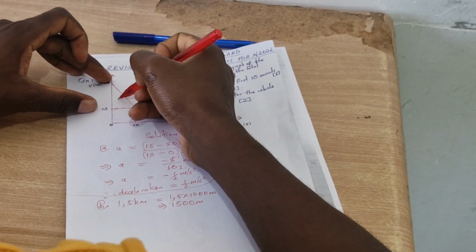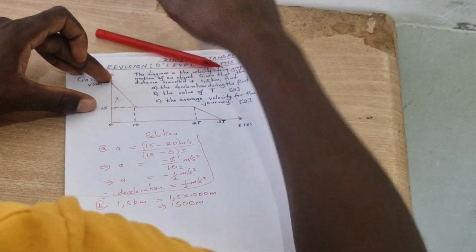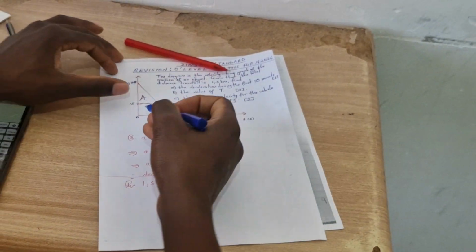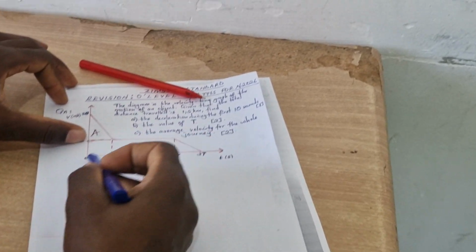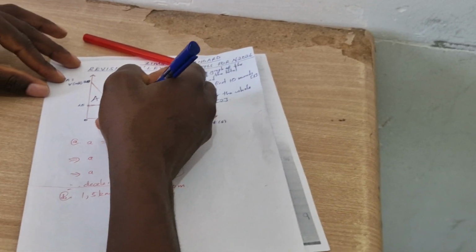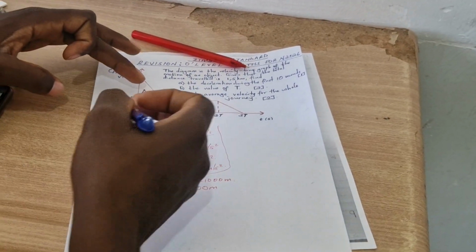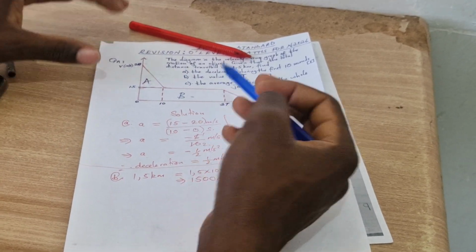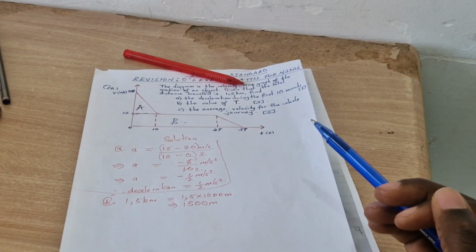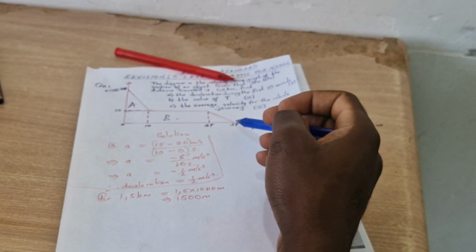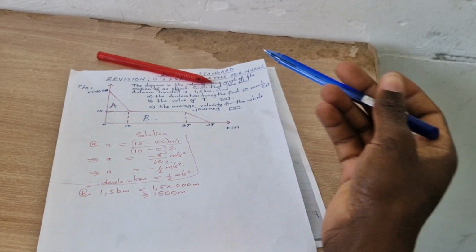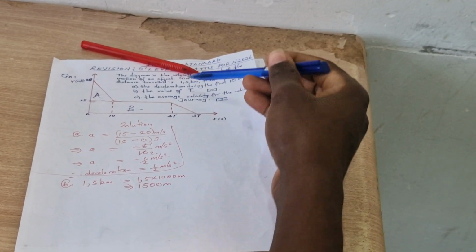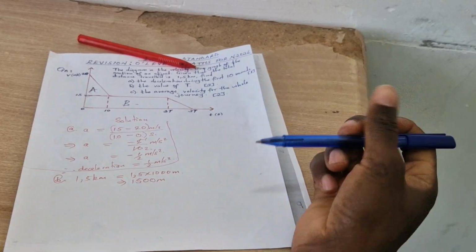Let me label this one A. We also have this trapezium. Let me name it B. So if we combine the areas of part A and B, we get the total distance, but we will get it in terms of t. Then we equate it to the total distance given in numerical value.